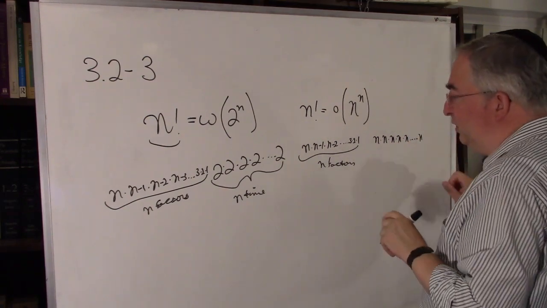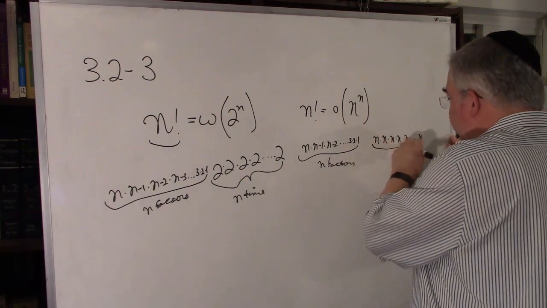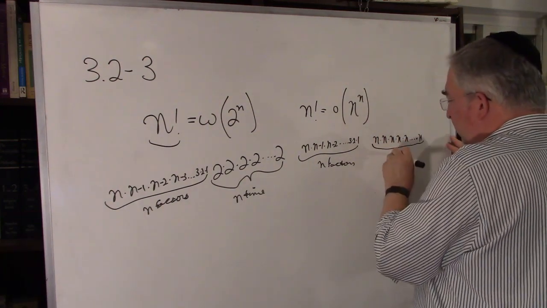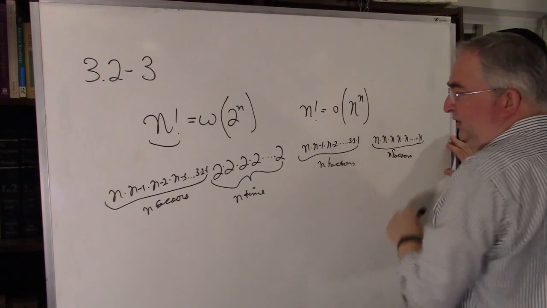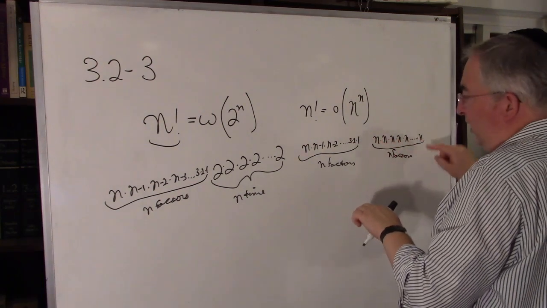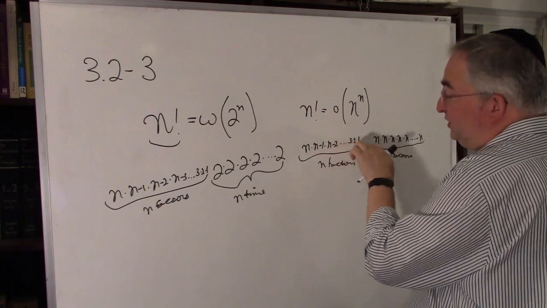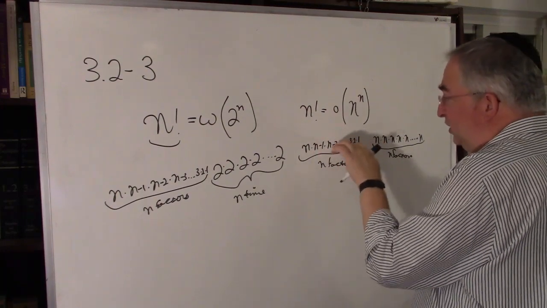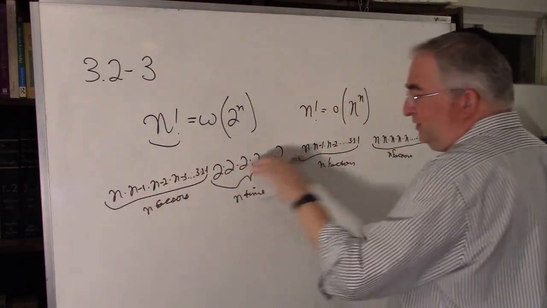There are n copies of n, so you get n factors. Here there are n factors, but look at this. All of these are n. This one's n, but this is n minus 1, this is n minus 2. These are smaller. So these numbers grow smaller than these numbers. These numbers grow faster than these numbers.